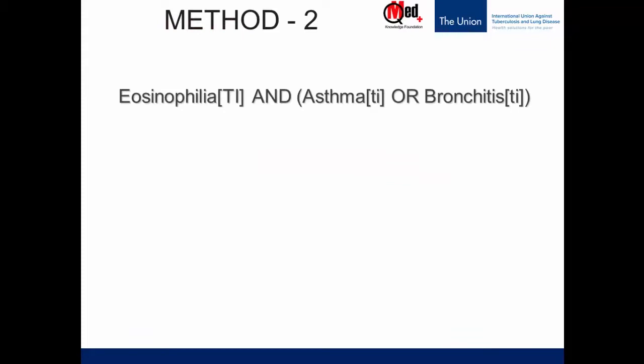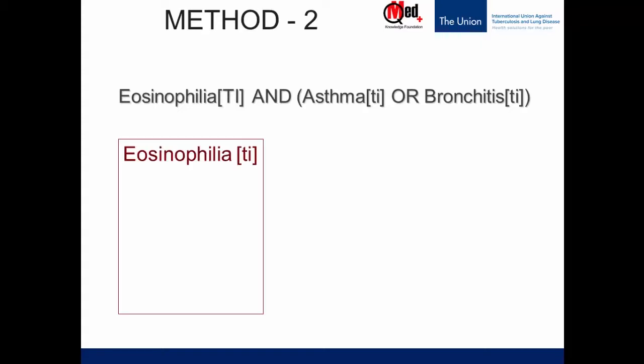Let's move on to the second method, where we have the same order as we did initially, but we just grouped asthma or bronchitis with round brackets or parentheses. When we group it this way, PubMed understands that that has to be treated separately. So how does it work?